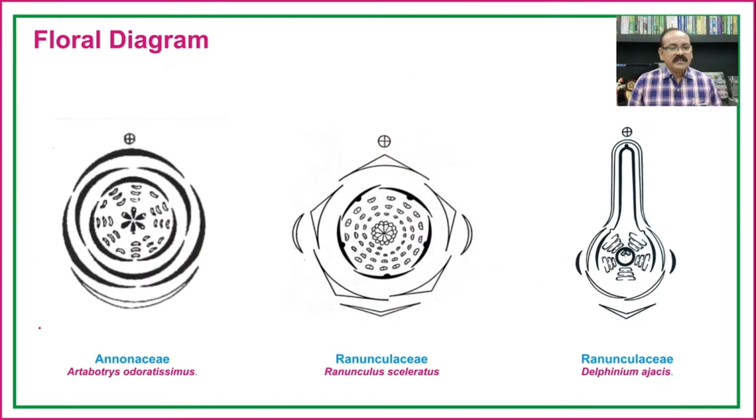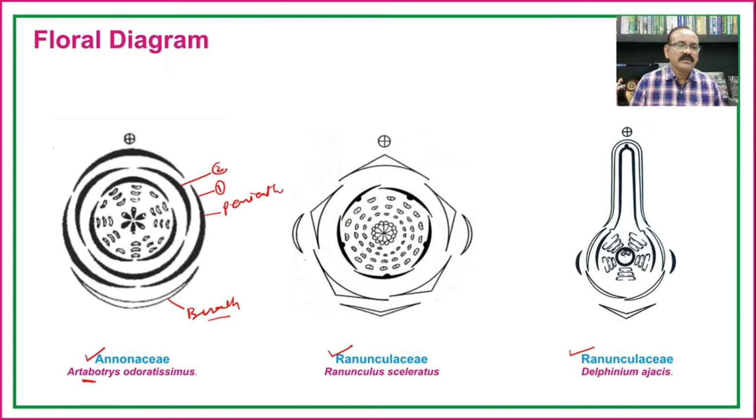Here there are three different floral diagrams: one from the Annonaceae, second from the Ranunculaceae, and the third one again from the Ranunculaceae. The first diagram is of Artabotrys odoratissimus, in which there is a presence of bract, then presence of the perianth, and this perianth is present in one whorl, second whorl and third one.